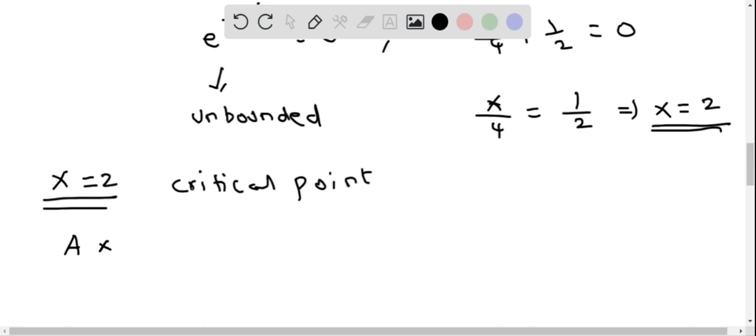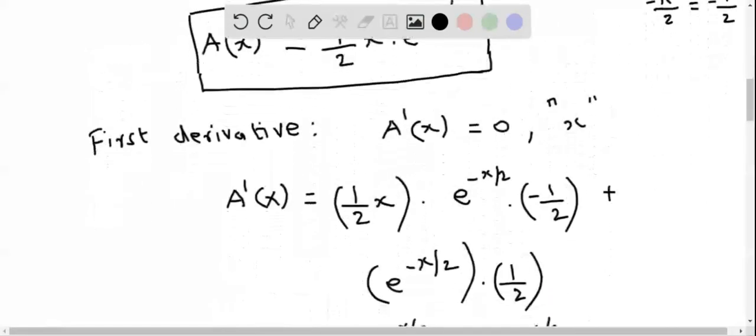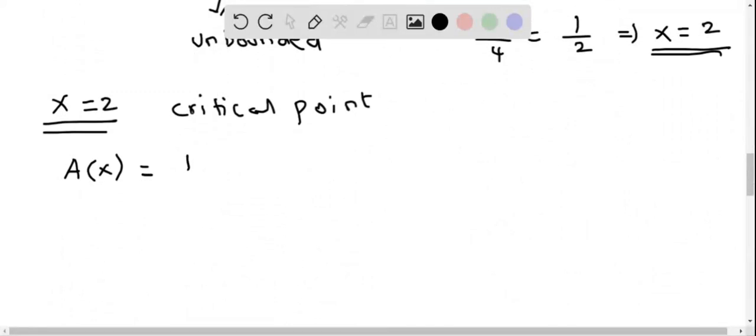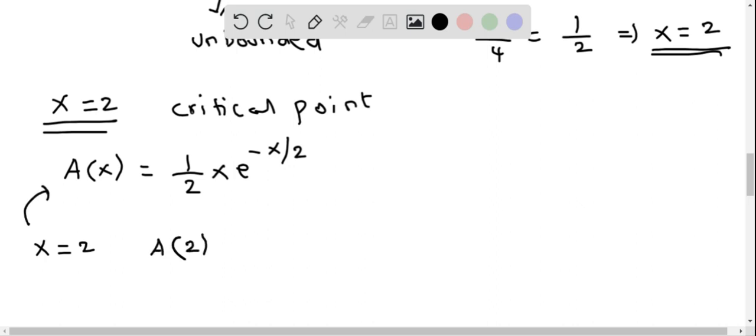So let me copy the area function. A of x is equal to half x e power minus x by 2. Now when we plug in x equal to 2 into this area function, we get A of 2 equals 1 by 2 times 2 e power minus 2 by 2.